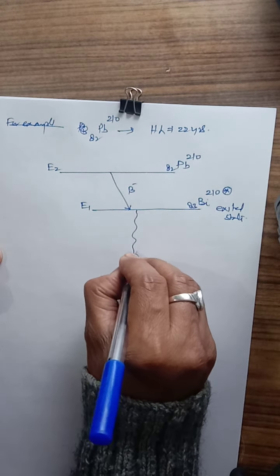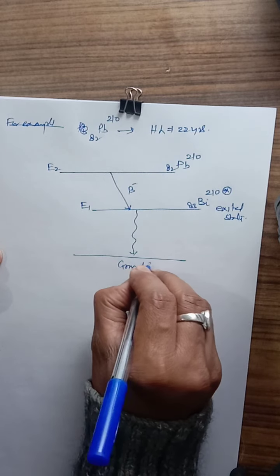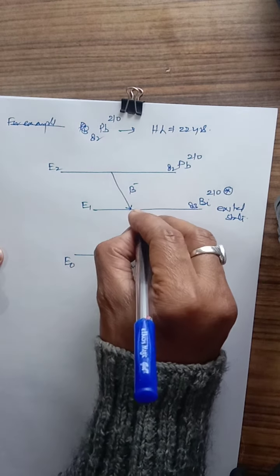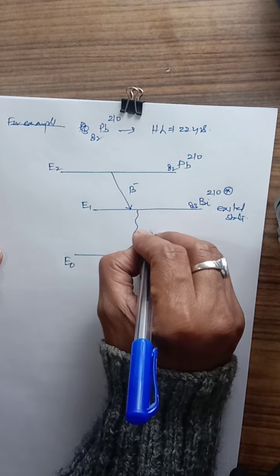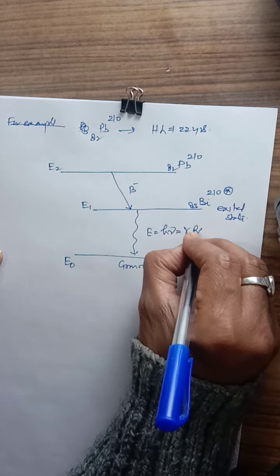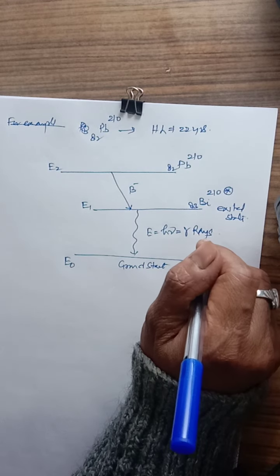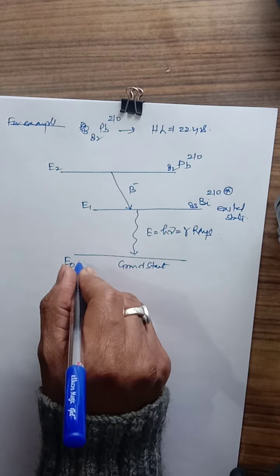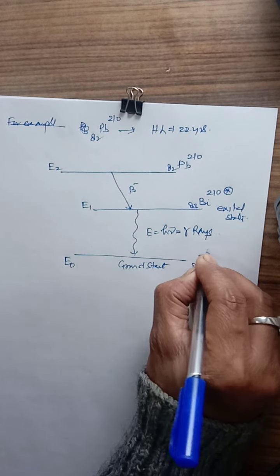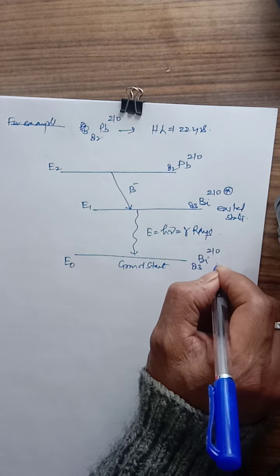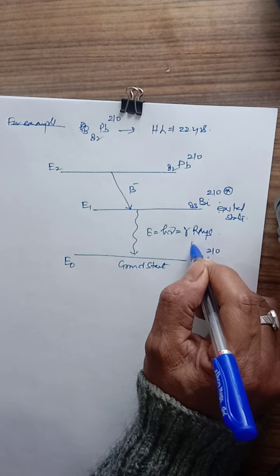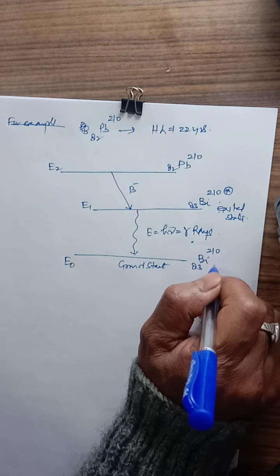Further, it will come down to the ground state, that is E equals 0. When it moves from here to here, energy is released, that is h nu, and that is the gamma rays. And here when it becomes stabilized, it becomes bismuth 83 210. Here it is not excited. Here the excited state emits the gamma rays and becomes stable.